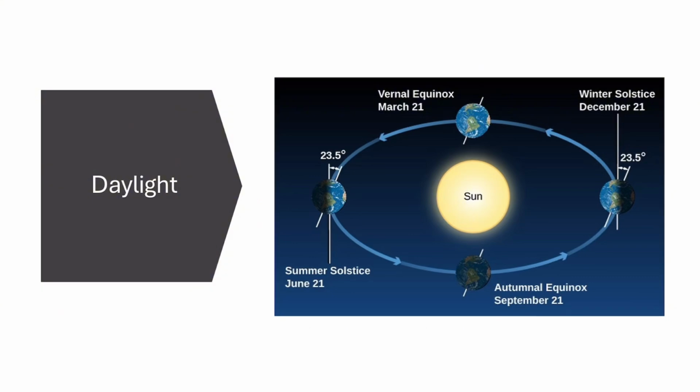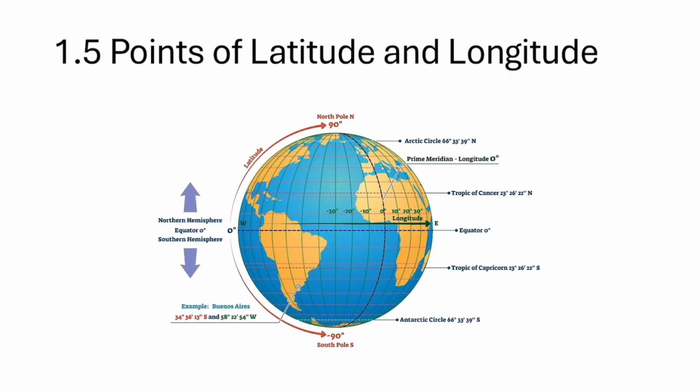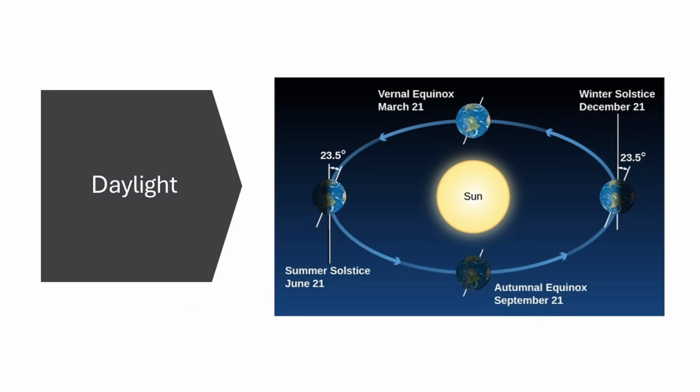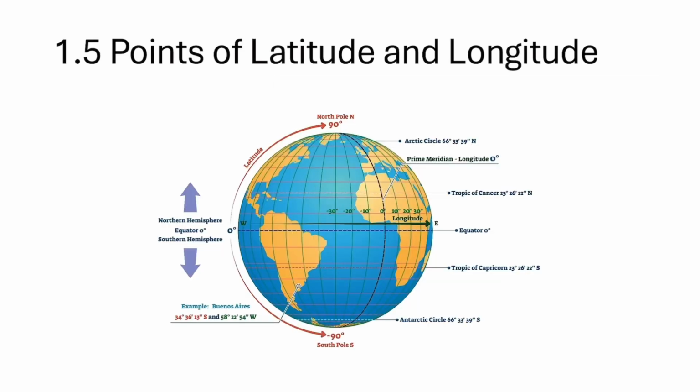So that's for both equinoxes. Also, on the winter solstice, the sun will be directly above, so it'll be at the observer's zenith, of all observers on the Tropic of Capricorn. And it'll be vice versa for the Tropic of Cancer, so the sun will be at the observer's zenith on the summer solstice.